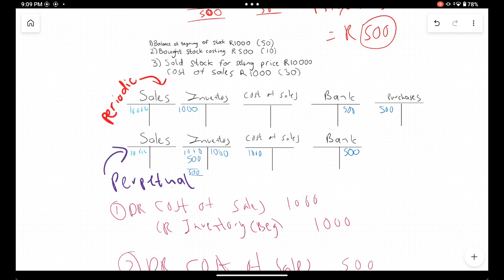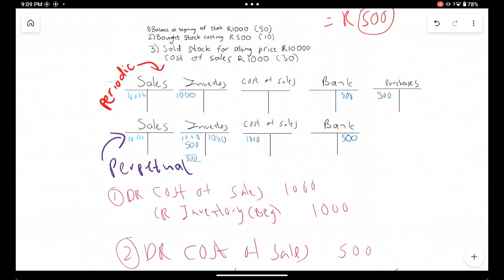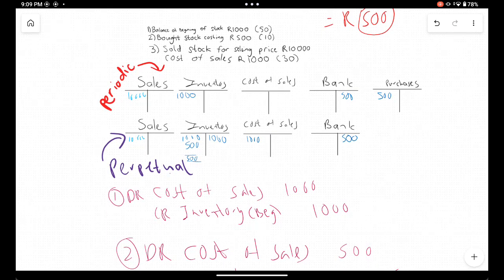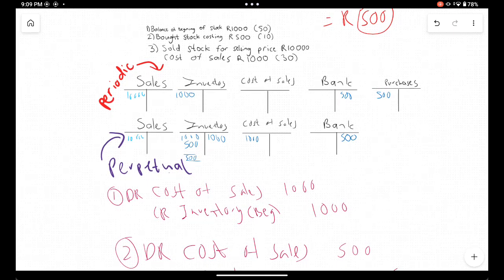Debit bank, credit sales, debit cost of sales. That's fine, I just never recorded sales. I forgot. Debit bank, credit sales, you have to do it. I'm just checking something here. Why did I never debit bank here?